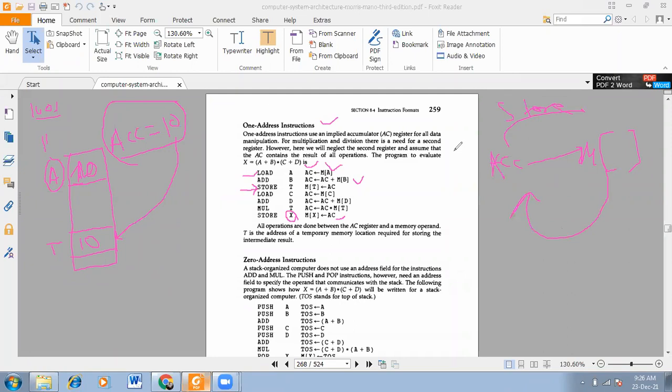So this is your loading and storing effect. Getting my point? I think this is clear to everyone. If you have any doubt, please respond. So these are your one address instructions.